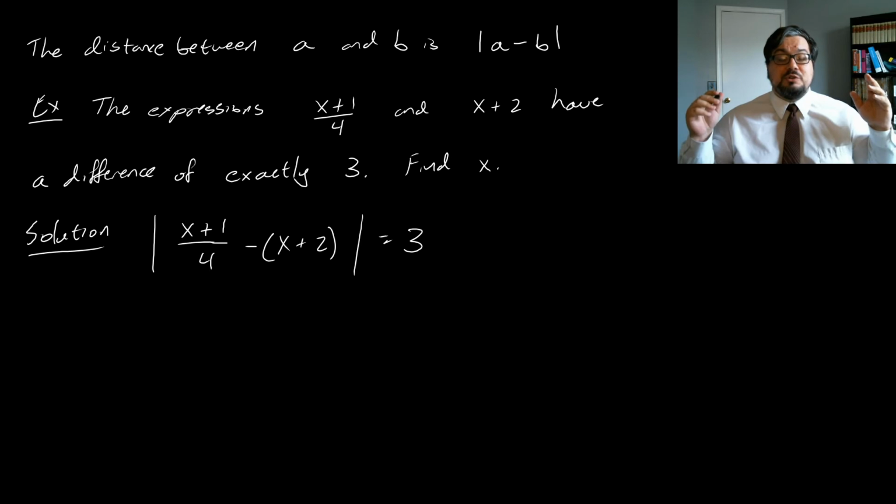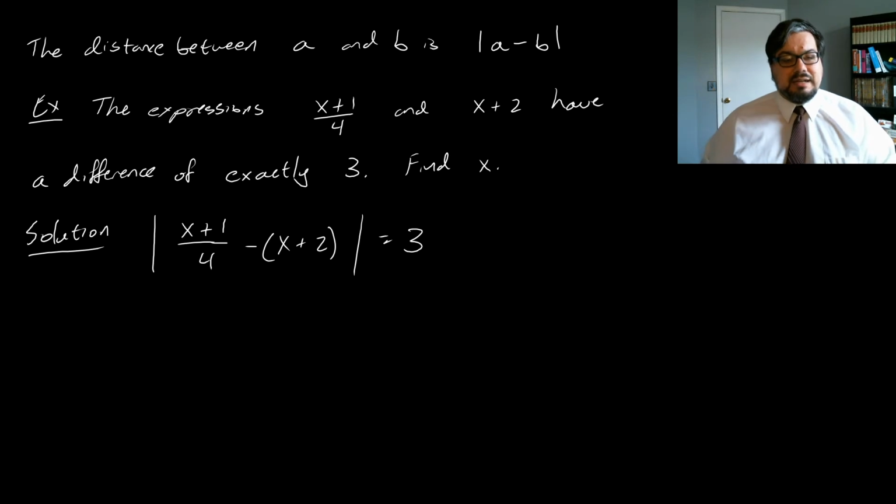We'll use this way of describing the difference or the distance between two numbers when we don't know which one is bigger. If we know which one is bigger, then we know how to subtract them so that we get a positive number out of it. But if we don't know which one is bigger, we have to write things down using these absolute values.